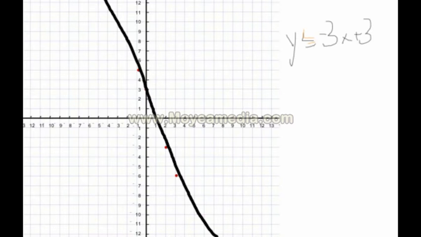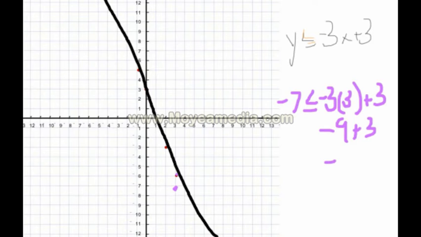When x is 3, y is negative 6, and I want a number smaller than negative 6, which would be negative 7. So negative 7 is less than or equal to negative 3 times 3 plus 3. Well, that's negative 9 plus 3, which is negative 6, and negative 7 is indeed less than.